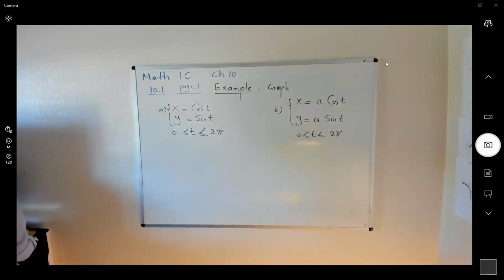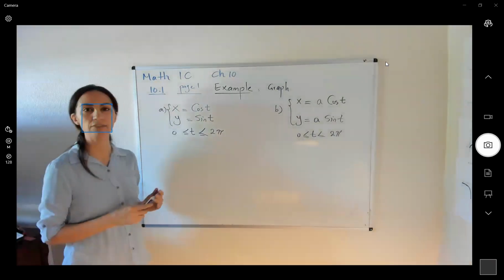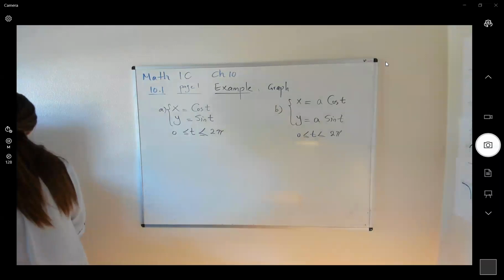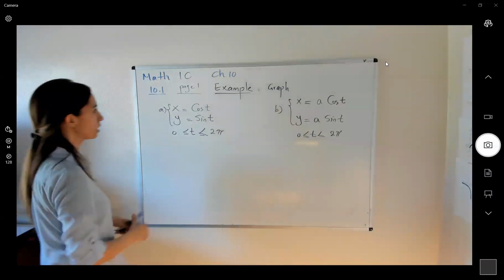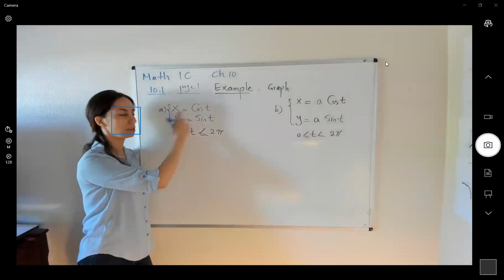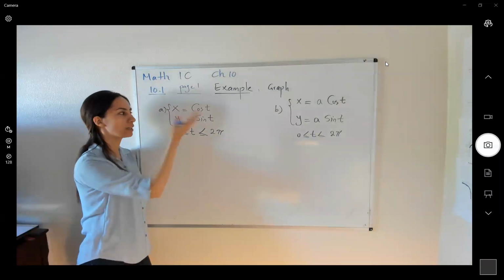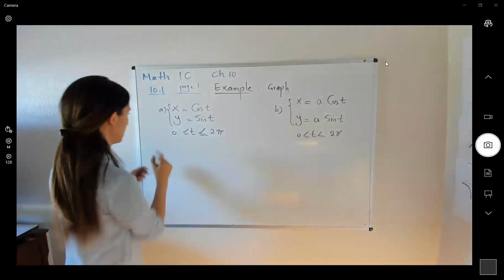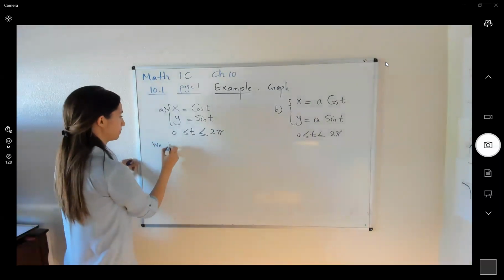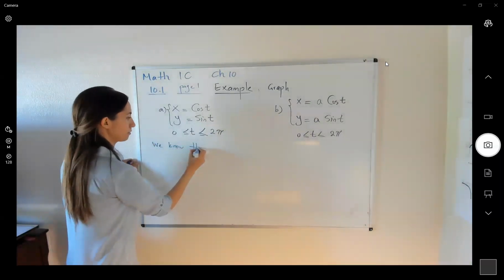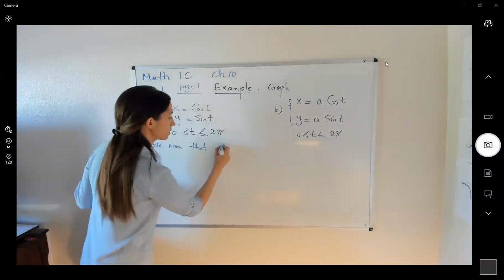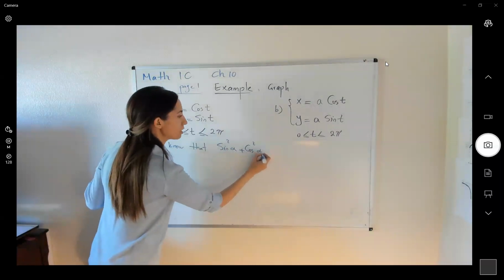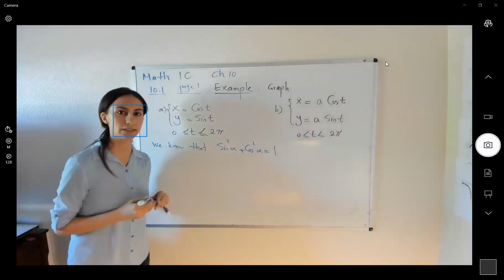Well, okay, how do we graph these two? Let's think a little bit. This guy says I have x equals cosine. This guy says y is equal to sine. And we know that sine squared of alpha plus cosine squared of alpha is always 1.